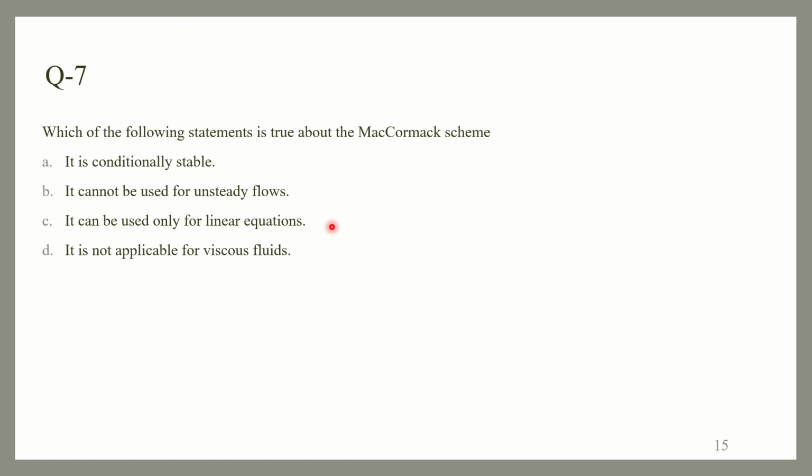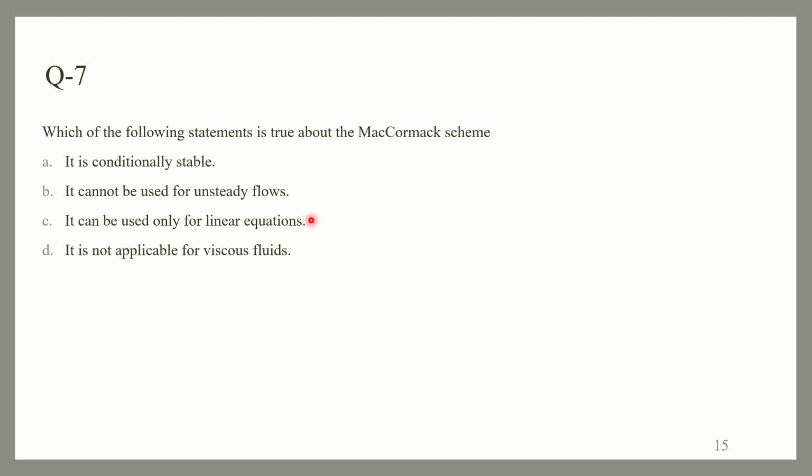The answer is that it is conditionally stable is the only true statement. Option B mentions that it cannot be used for unsteady flows, which is false, because when we are solving the Navier-Stokes equations, mostly we would be dealing with unsteady flows. Third, it can be used only for linear equations. Again, this is false, because we are dealing with a nonlinear system of equations. The fourth one is also false, because in previous slides we have seen that McCormack's scheme can be applied to viscous fluid flow.